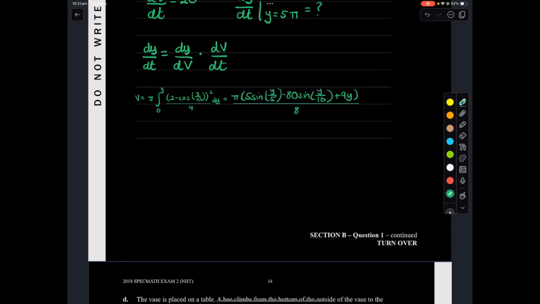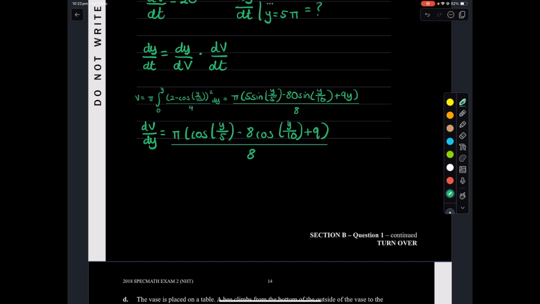Remember, so our derivative, so dV/dy, when we did that, it's just equal to pi. Let's write that down. So pi cos(y/5) minus 8 cos(y/10) plus 9, all divided by 8.